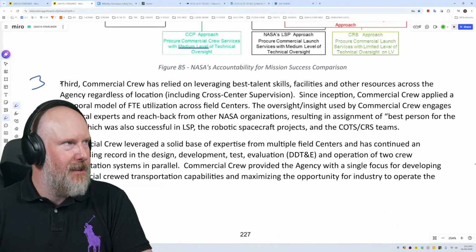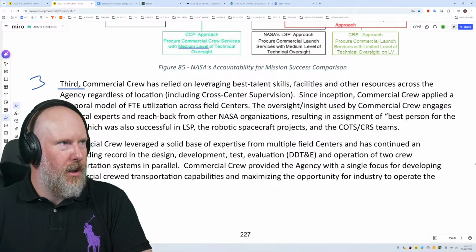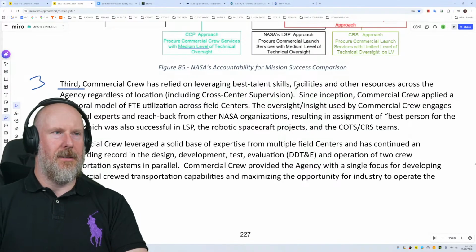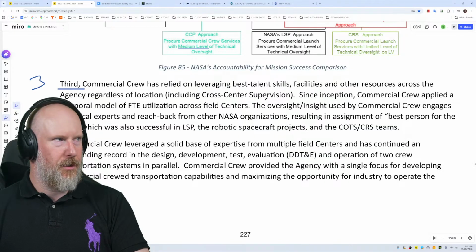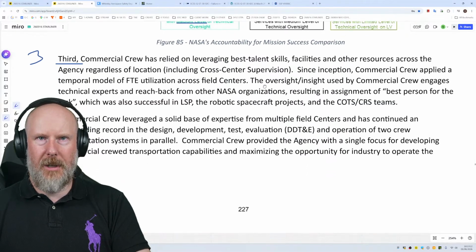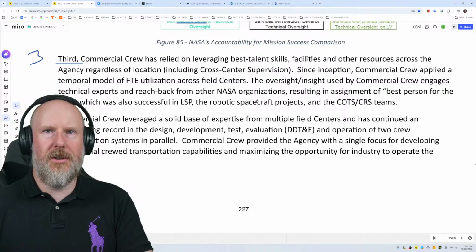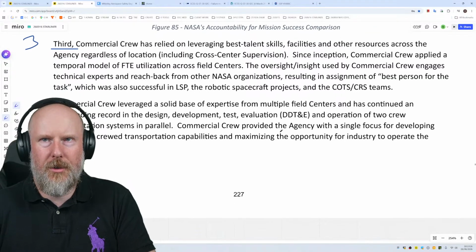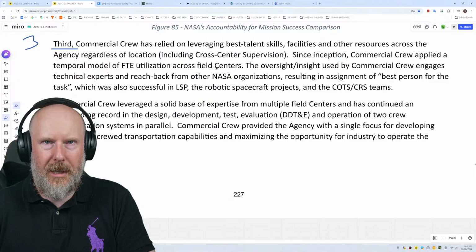So third then, the commercial crew has relied on leveraging best talent, skills, facilities and other resources across the agency, regardless of location, including cross-center supervision. Since inception, commercial crew applied a temporal model of full-time equivalent utilization across field centers.